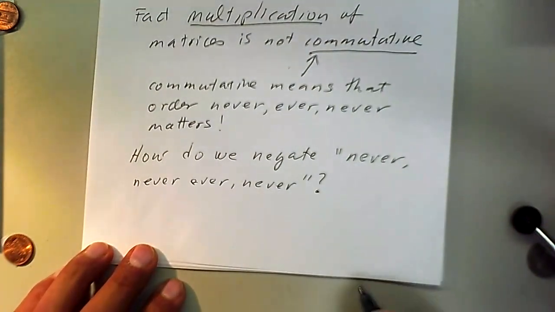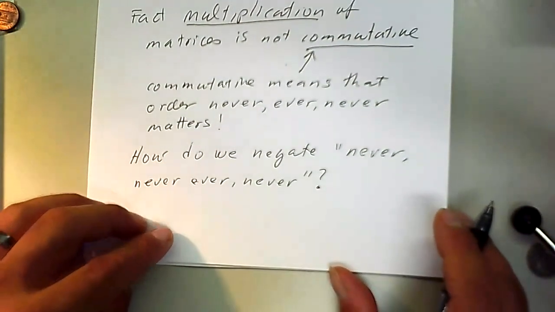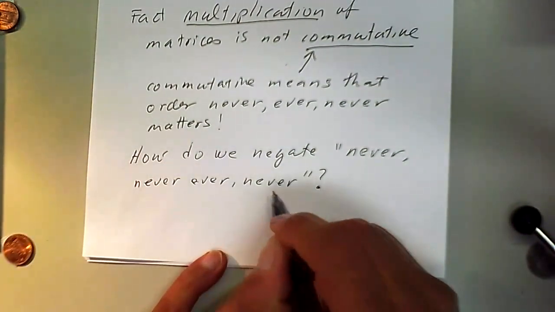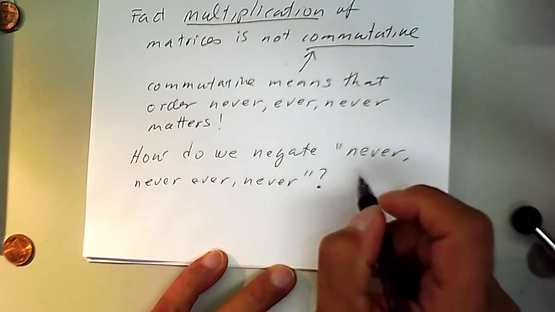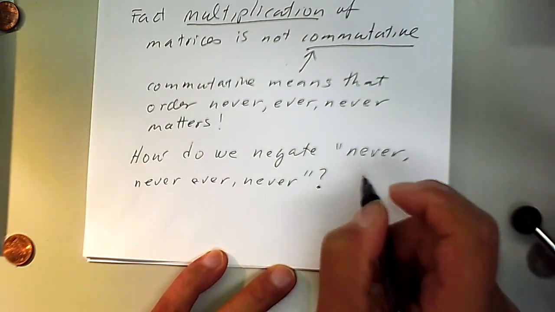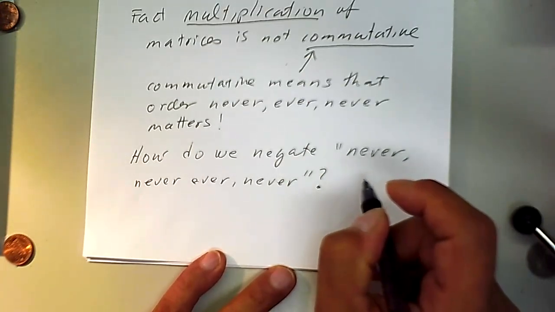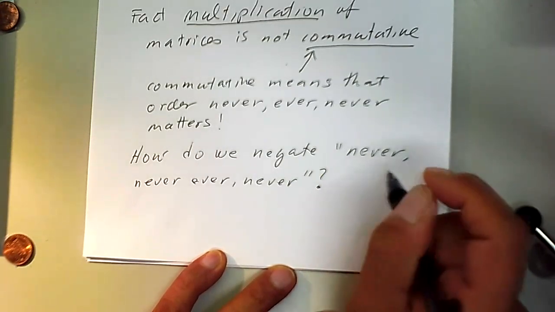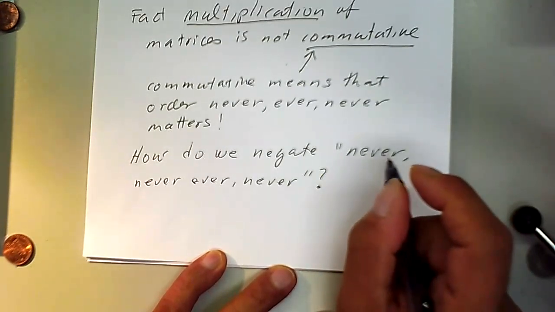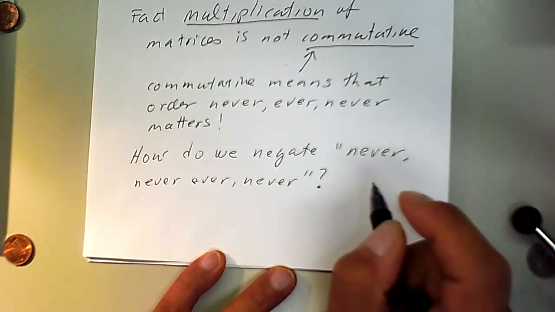Never is sufficient, but I'm just putting never, ever, never to be a little funny. But anyway, how do we negate that? Some of us may be thinking, isn't the negation of that always, always, always? And the answer is no. The answer is at least once.